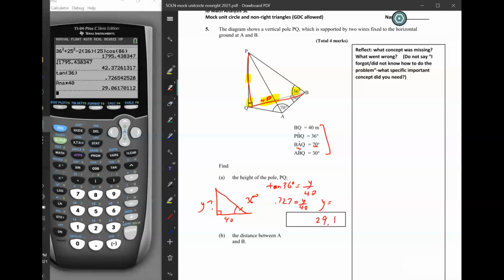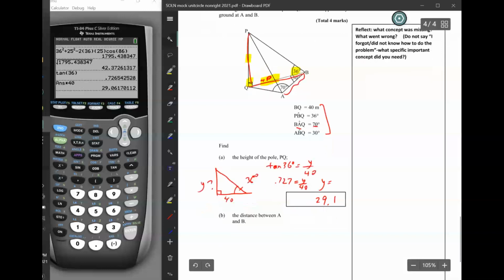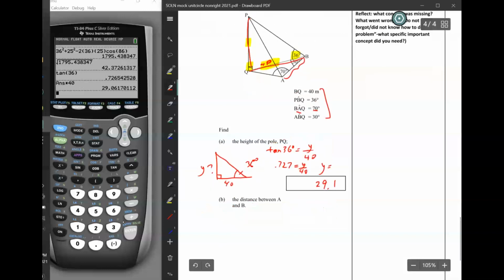And then it asks us to find the distance between A and B. So the distance between A and B is also a length of one side of the floor. And what is helpful, I think, is to draw the floor triangle out flat. And we can see that this angle here is 70, and then this angle here is 30, and this angle here is not a right angle, okay?